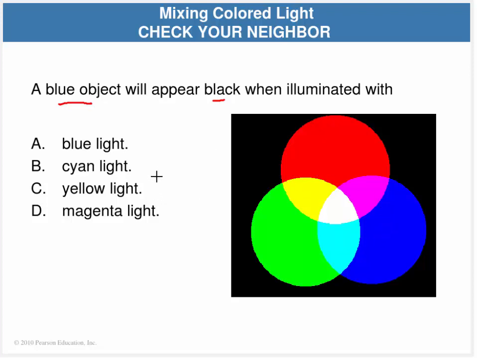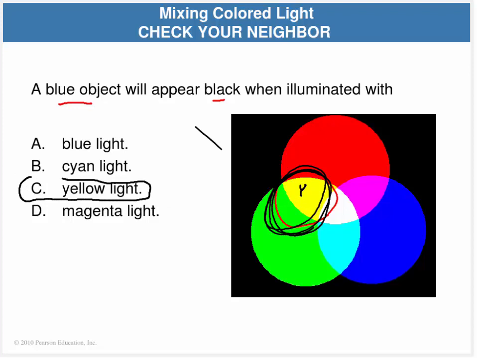What we could say is yellow light, this light right here, is going to be the absence of blue. So if I had a blue object and I shined yellow light on it, then the blue object is going to appear black. Why is that? Well, an object that is blue isn't going to have anything to reflect back at us.